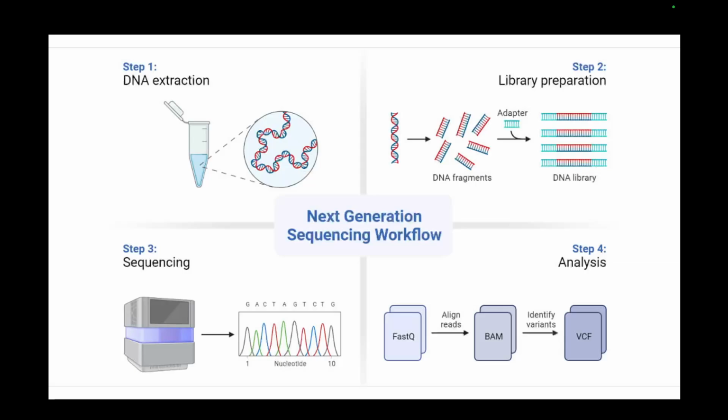But along with the development in sequencing technologies, we have seen a massive development in computational power. So we have a lot of computation power right now, so we can generate a lot of data and analyze it very well because of the computation power that has been developed till now.